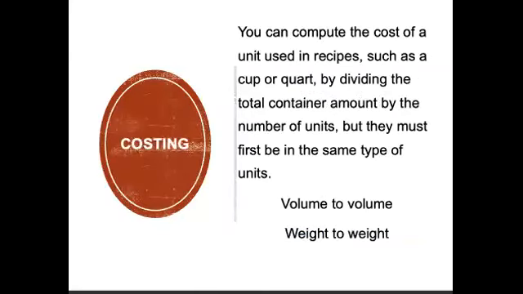So you can compute the cost of a unit used in recipes, such as a cup or quart, by dividing the total container amount by the number of units. But also remember that they must be in the same type of units, volume to volume and weight to weight. What is that supposed to mean?